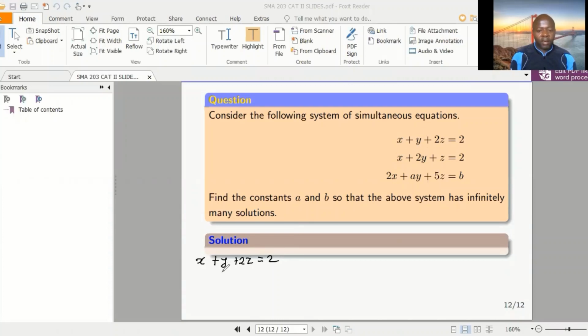This from that, I have a 1. This from this, I have a negative z. And this from this, I have a z. I also want a 0 in this position. That means I must take equation 3 minus 2 equation 1.